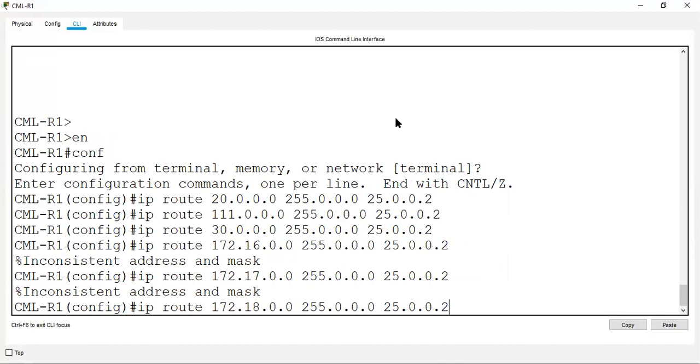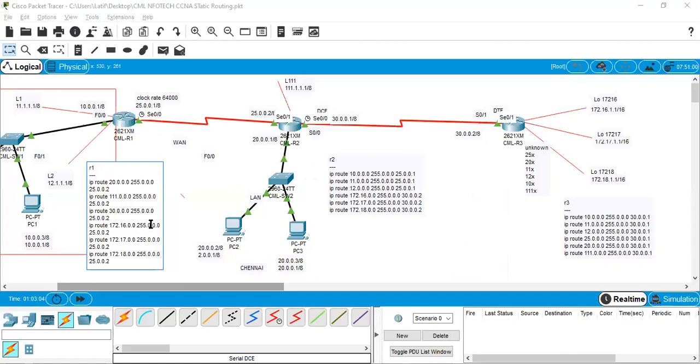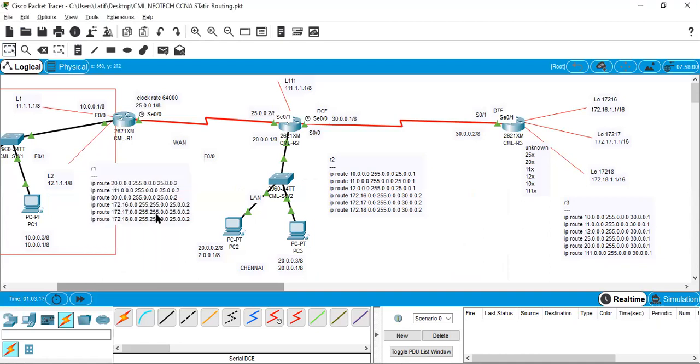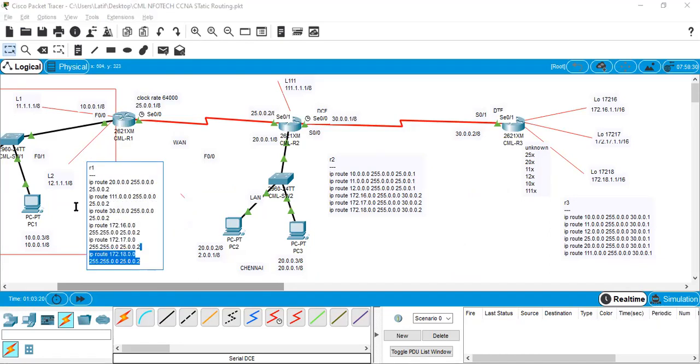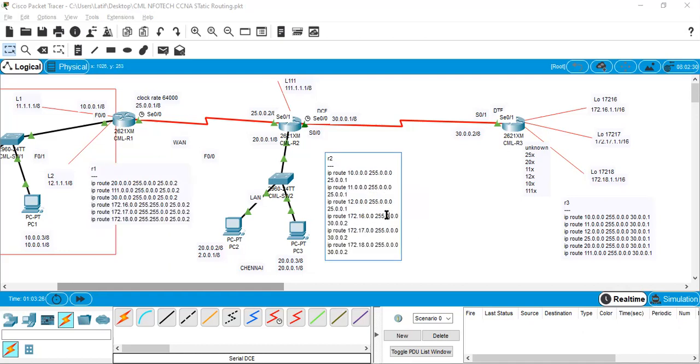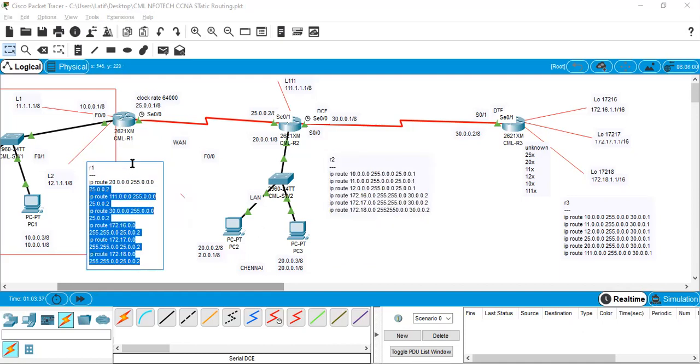The mistake is about the subnet mask: class B means 255.255.0.0. So let us copy this to R1.